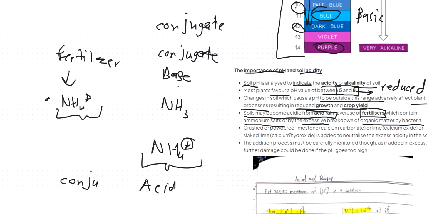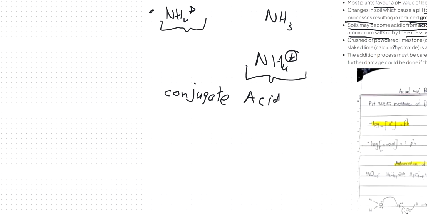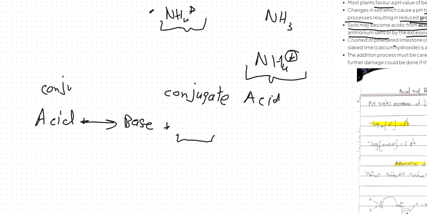What does conjugate mean? When an acid loses a proton, it becomes a base, plus the salt that you get. So when an acid-base reaction is happening, the acid becomes the conjugate base.